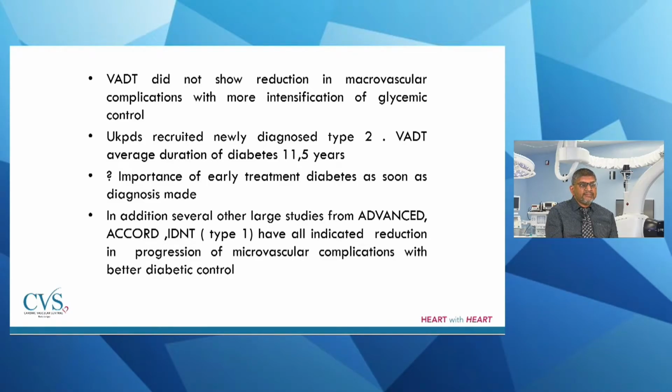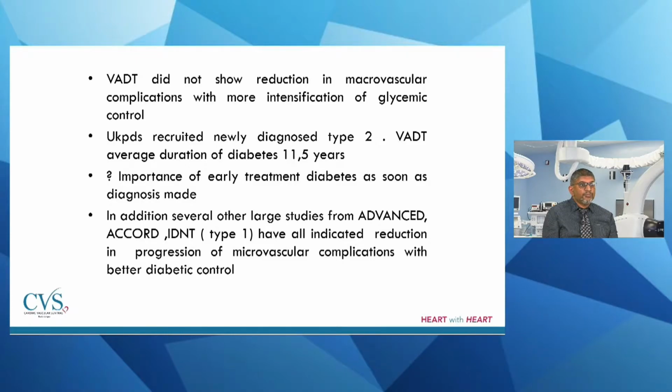Because in UKPDS, they intensified the treatment for a group that was diagnosed at a much earlier stage of the illness. They showed the improvement in reducing microvascular, that's not macro, it's microvascular complication. Whereas in the VADT trials, the average duration of diabetes was 11.5 years, and you intensify control in that group, you don't get as much benefit as when you're starting early.